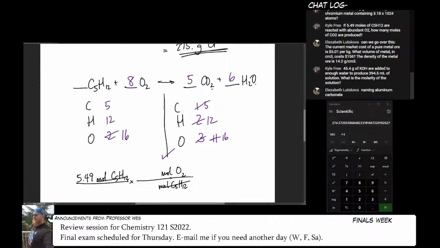We wanted to do how many moles of CO2 are produced. Well, I do this then. Because for every 1 mole of C5H12 I burn, we're going to produce 5 moles of CO2. I thought we were trying to figure out how many moles of O2 we needed. I didn't read the problem. So there you go. So we're going to multiply that number times 5. And we get 27.5 moles of CO2.